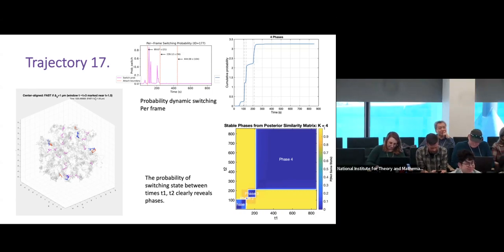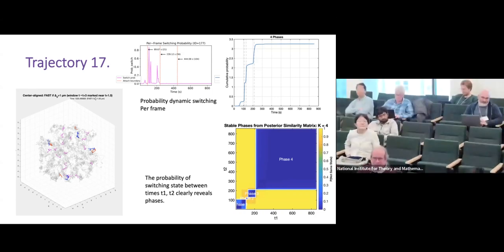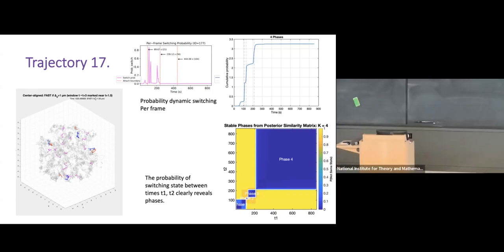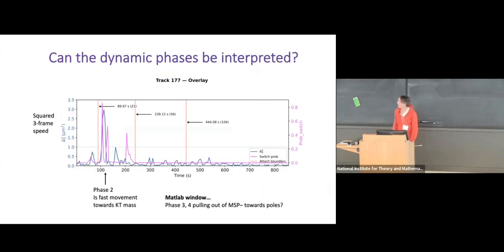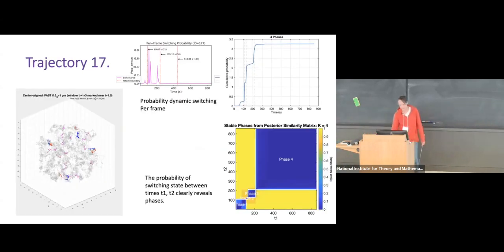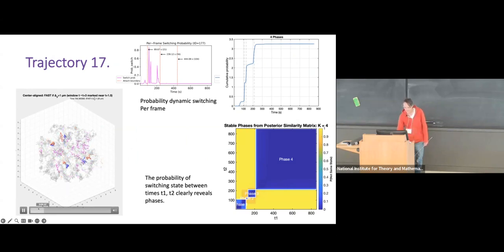So we have this dynamic phasing algorithm, which tells us when things switch. Then we can pick out phases in the trajectory. Can we interpret them? Well, yes, we can. The most obvious, let me show you this movie here again. If you watch this guy here, they show rapid movement.